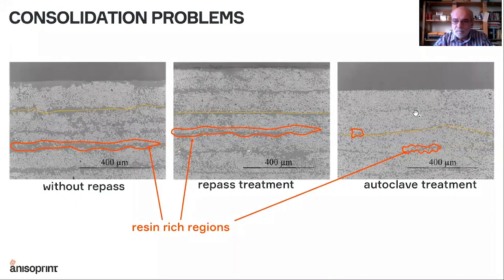If you are just using the pressure roller, there are still a lot of resin-rich zones and some porosity present, and you can clearly see the layered structure. Only after certain extra treatment can you get a good distribution and good material properties.